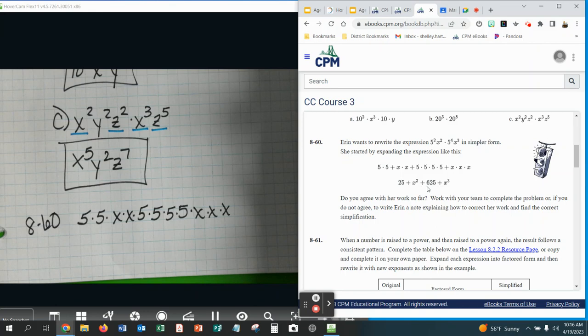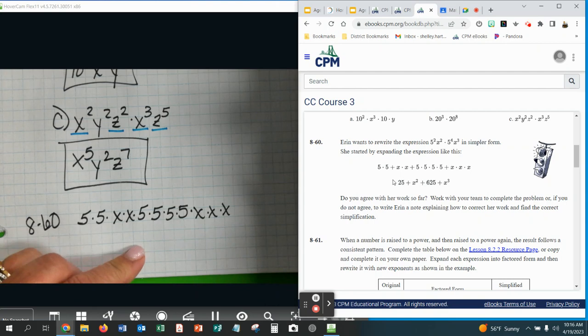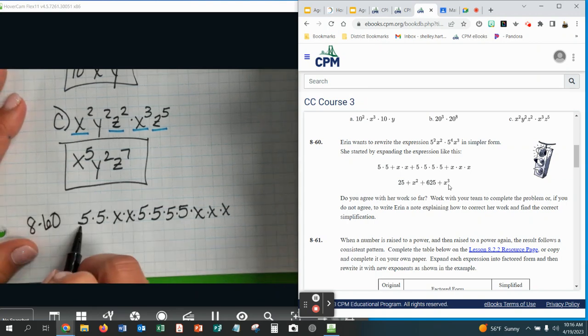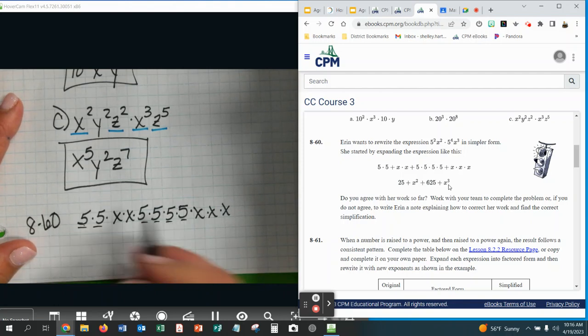Oh no. When you multiply 5 times 5 times 5, it becomes 625. But if you look, they're adding everything. And this isn't adding. Everything that we're doing is multiplication. So if you take a look and just add up your 5s, 1, 2, 3, 4, 5, 6, you have 5 to the 6. How many x's do you have? 1, 2, 3, 4, 5. So you have x to the 5th.